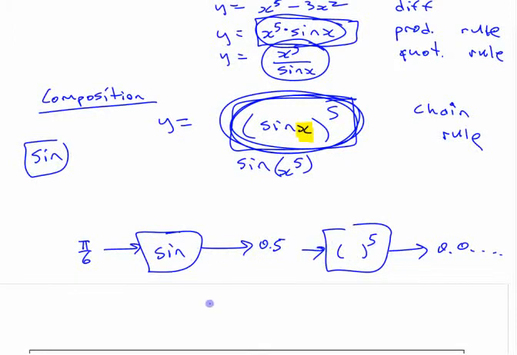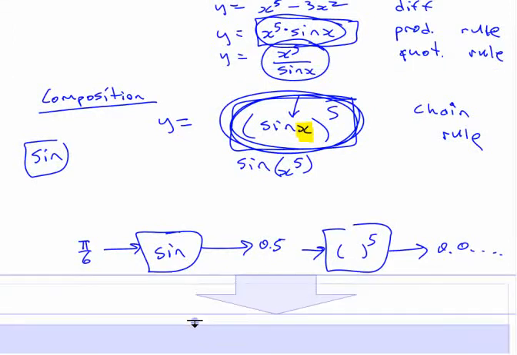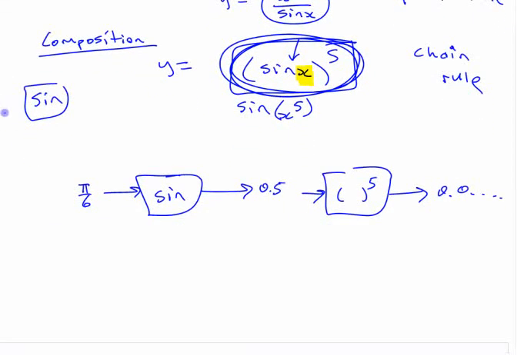There's an inside function and an outside function. The way you write it is the function you do first is inside, right? You put that inside the brackets, right? When you write sine x to the fifth, this is the first function. We're going to call that the inside function.